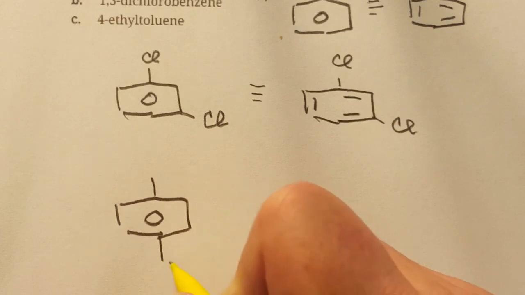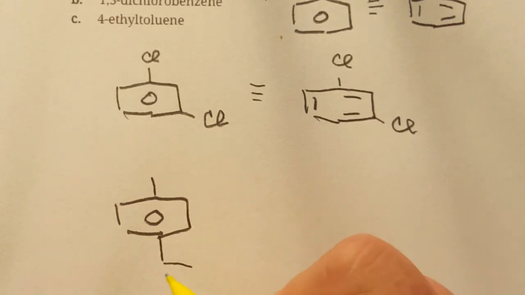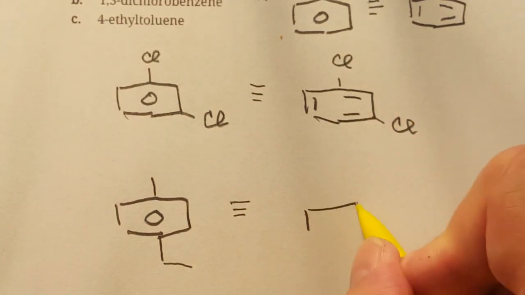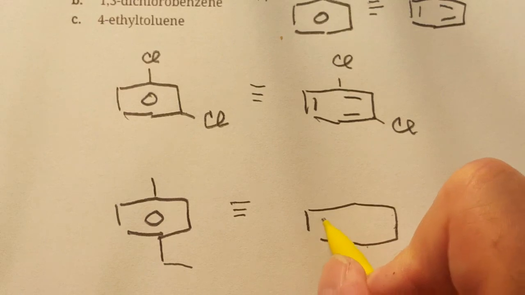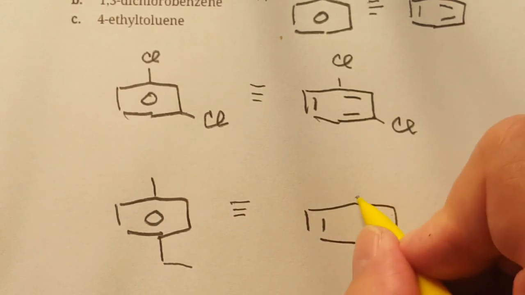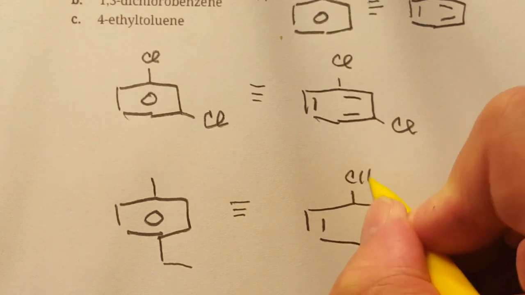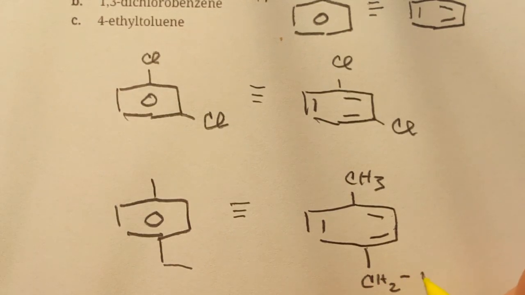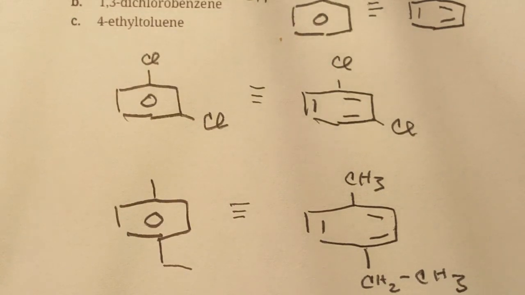So as a skeletal structure, that's CH2, CH3, and that is equivalent to drawing it this way. 3 alternating double bonds. Here's methyl, CH3, and here is ethyl, CH2, CH3. These are equivalent structures.